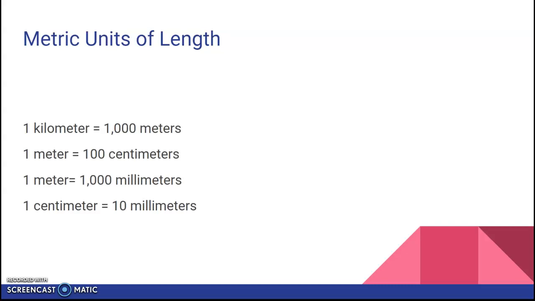Metric units of length. In order to fully understand how to do this, you need to know what these equal. So 1 kilometer equals 1,000 meters, 1 meter equals 100 centimeters, 1 meter equals 1,000 millimeters, and 1 centimeter equals 10 millimeters.